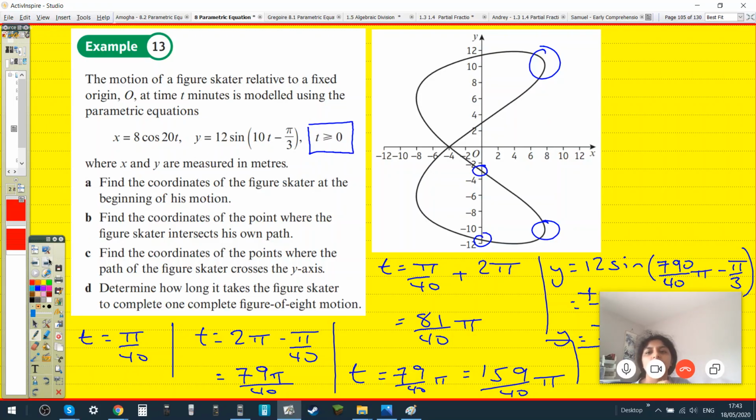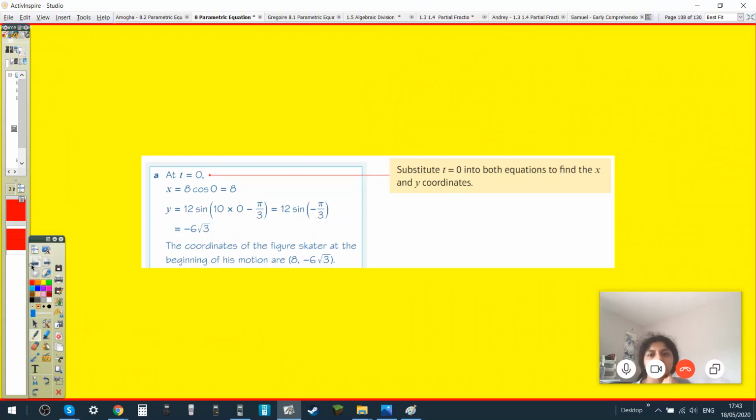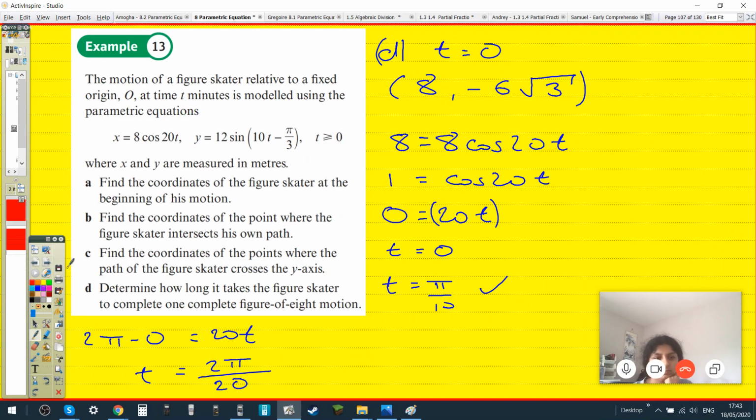Let me see. So trig graph. We were doing, what was it? Cosine. So we wanted, when does it go back to its original? So it starts here.